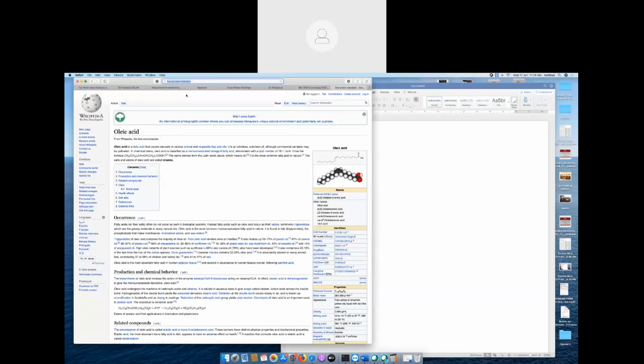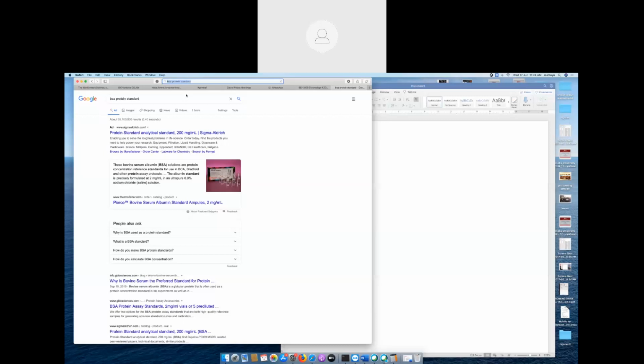The protein standard is bovine serum albumin, a protein solution used as a reference for protein assay.